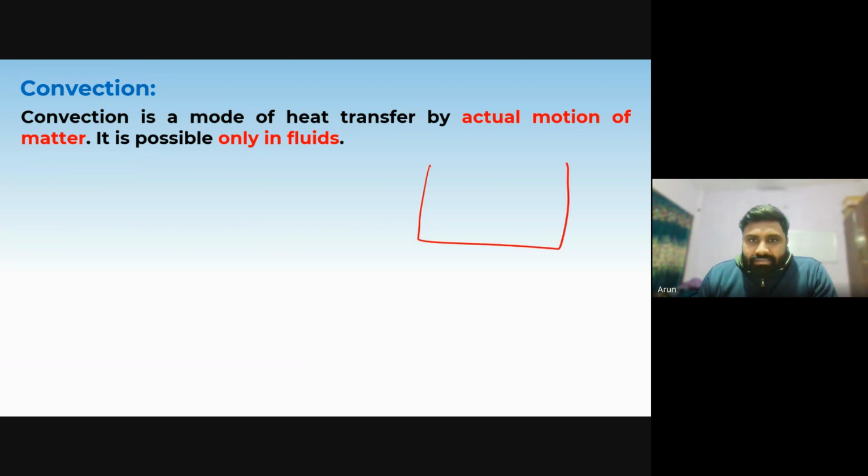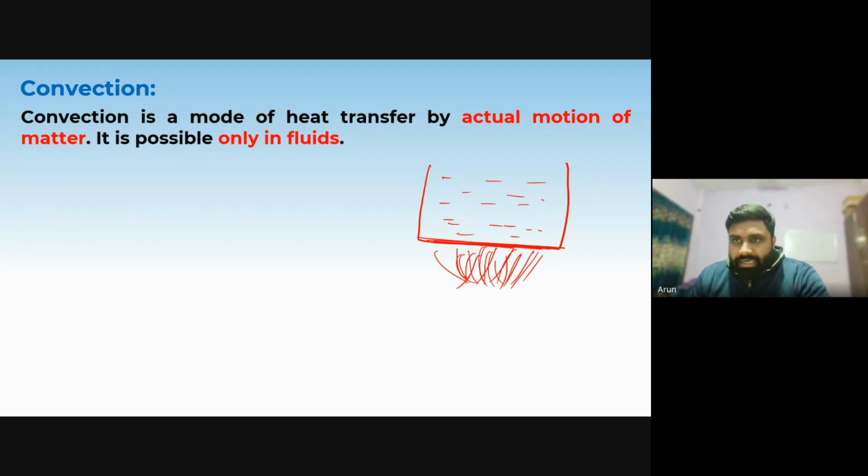Take an example like this. Suppose this is the pot we have, and here is the direct contact of the flame. This is made up of some metal. This will get hot by conduction. Now the water adjacent to it will get hotter and hotter because of the direct heat transfer. But what about this part? Now this part of water will become hot. As water becomes hot, gaining temperature, the density of water will go down after 4 degrees Celsius.